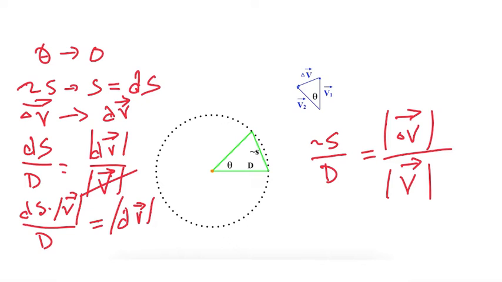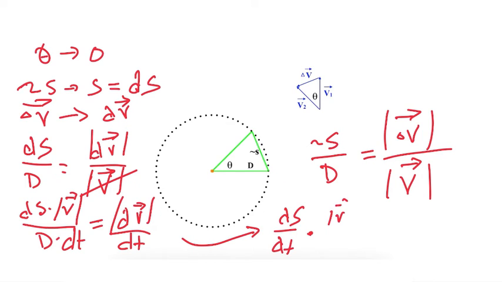But now let's divide both sides by dt, and we can rewrite this as ds over dt times the velocity absolute value over d equals the acceleration, or dv dt.